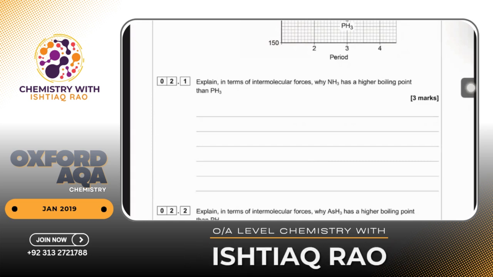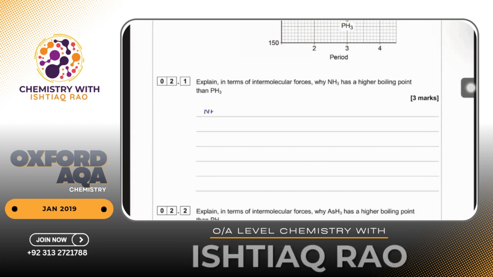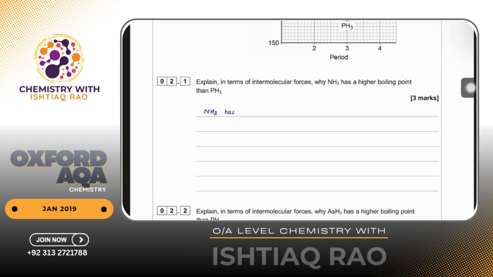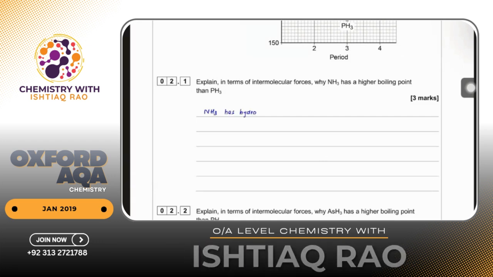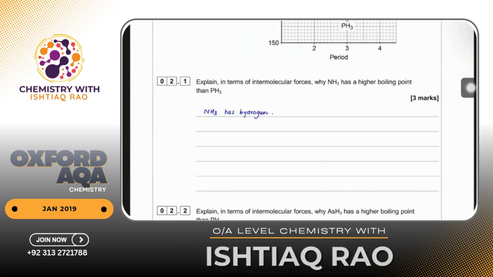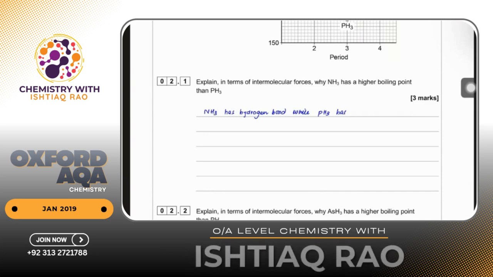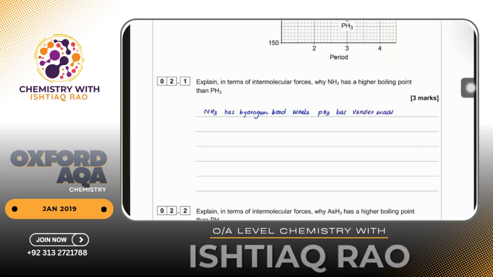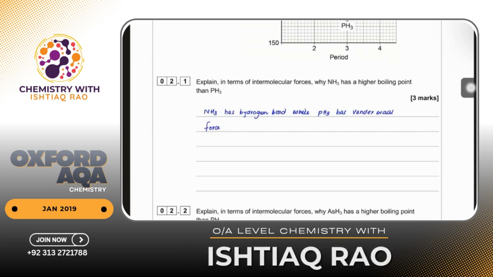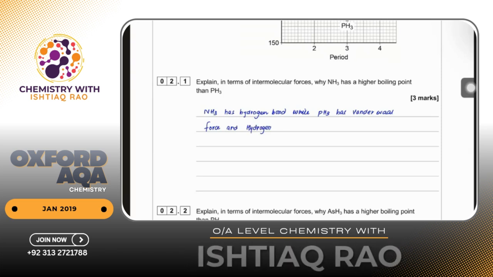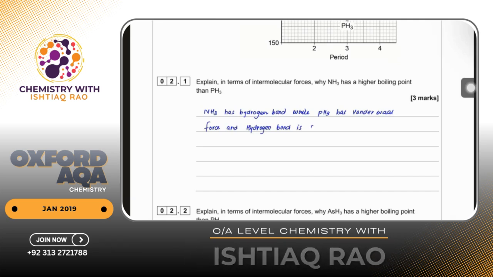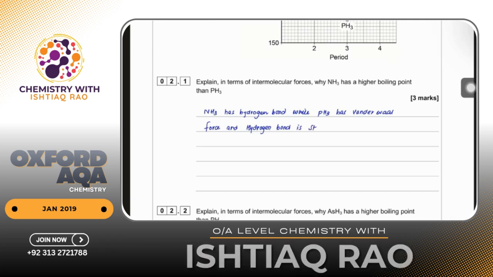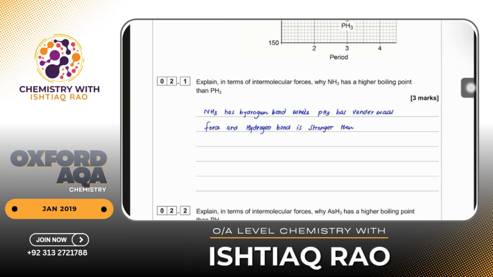So I can say that ammonia, that is NH3, has hydrogen bond, while PH3 has van der Waals force, and hydrogen bond is stronger than van der Waals force.